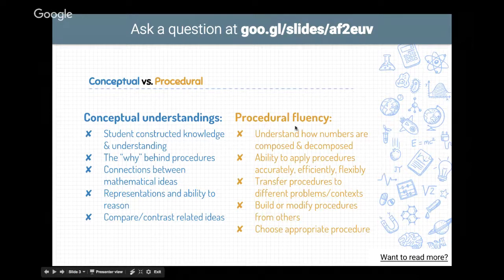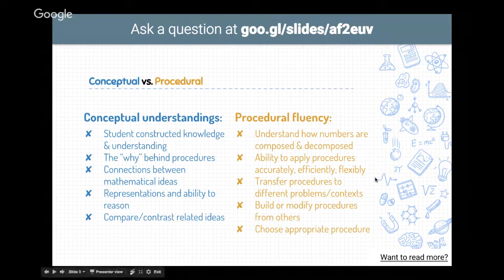Procedural fluency, as defined by NCTM, is the ability to apply procedures accurately, efficiently, and flexibly. I think that is the definition we're all pretty used to, that idea that students can solve a math equation or a math algorithm efficiently, right? We're talking about efficiency in choosing which algorithm we're going to use to solve a problem.